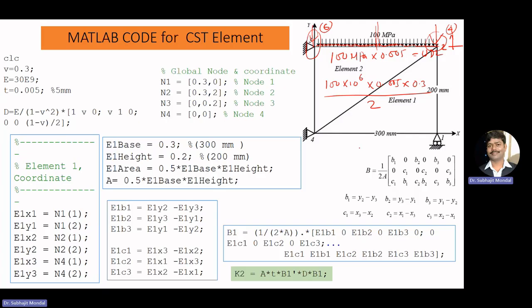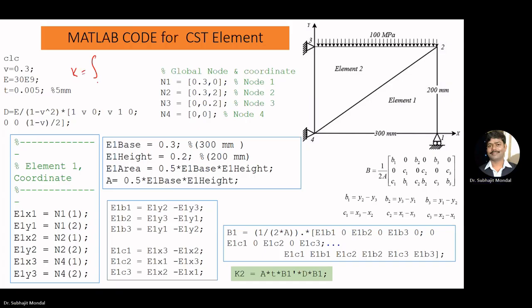Okay. This also we can achieve by doing the integration. We already know that FEM is a very standardized process where we get the stiffness matrix K by doing the integration over the volume of B transpose D B. For this plate problem, for this CST element problem, the integration for the volume dV we can write as A times T. A is the area and T is the thickness.